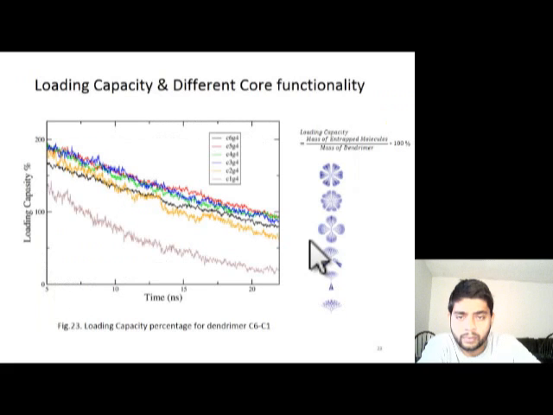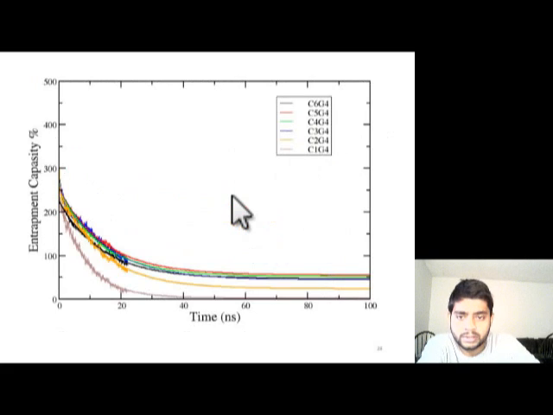This is how we plot the loading capacity and different co-functionality. We plot loading capacity versus time for different co-coordination, and we observe that C5 has the highest loading capacity for the dendrimer. This is our predicted parameters.